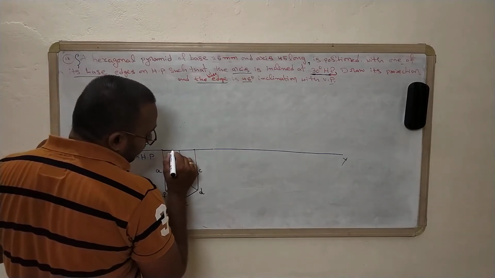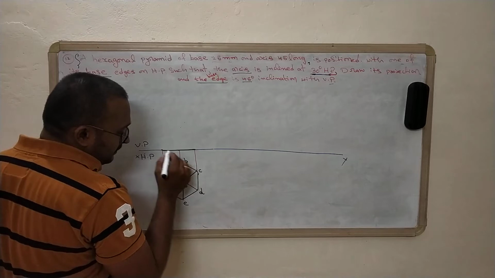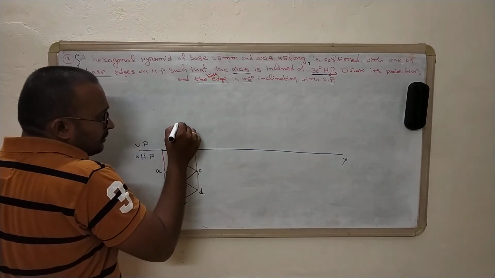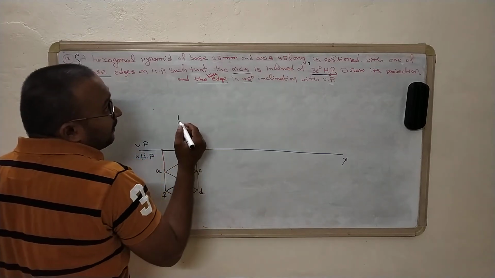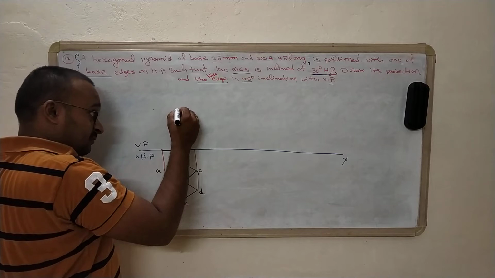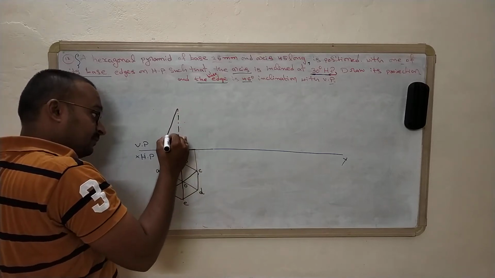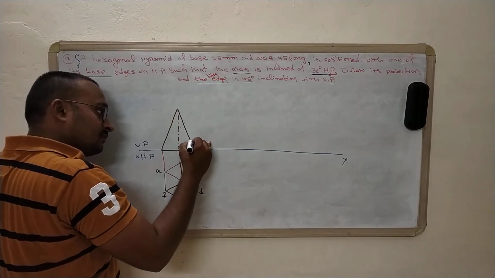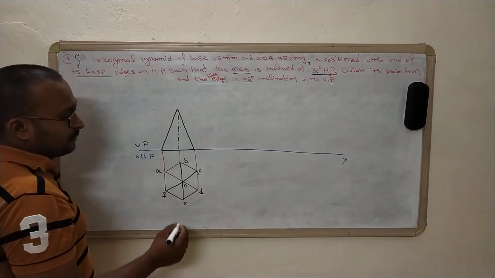Here this is the base surface, and then this is the center axis, about 45 mm long. Right? So 45 mm long.